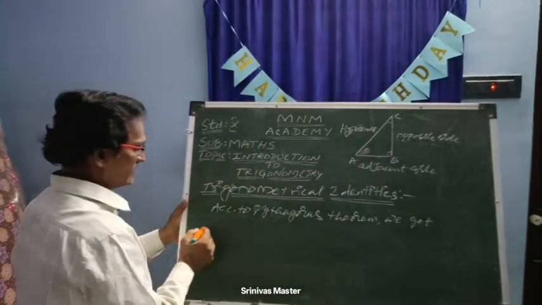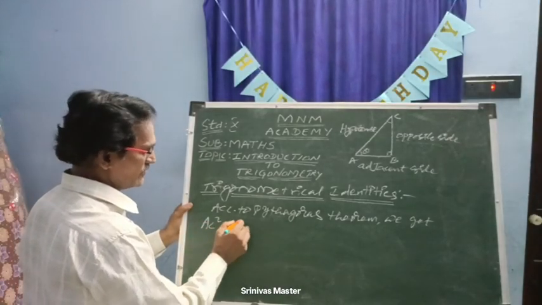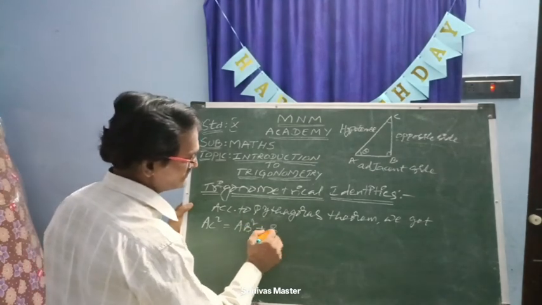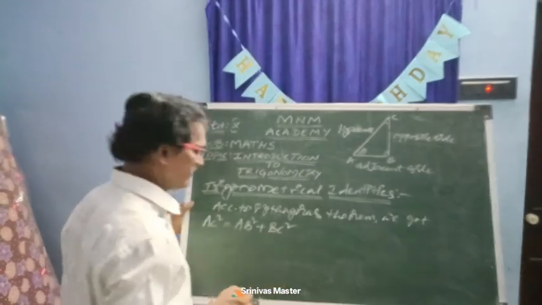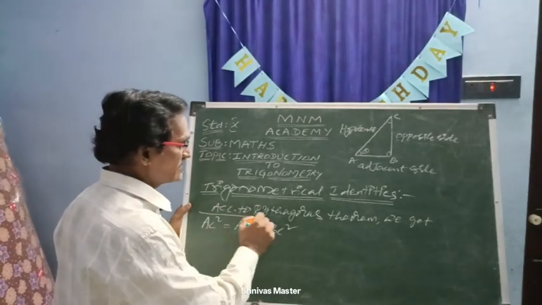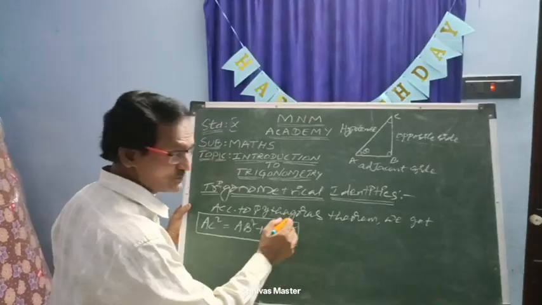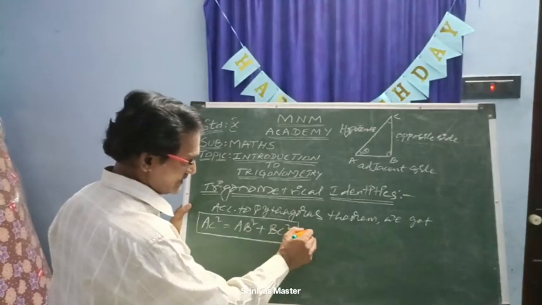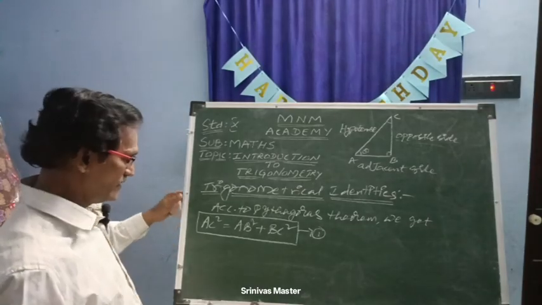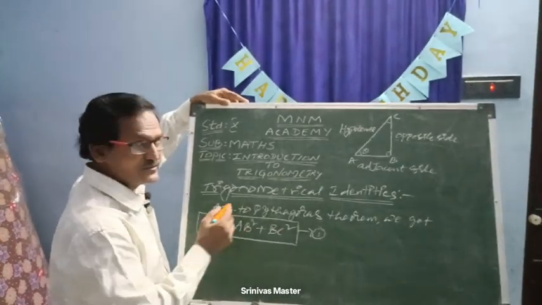AC square is equal to AB square plus BC square. This is the main equation, children, to get the trigonometrical identities, all those three equations. Think that this is equation number 1. In this equation there are three sides.